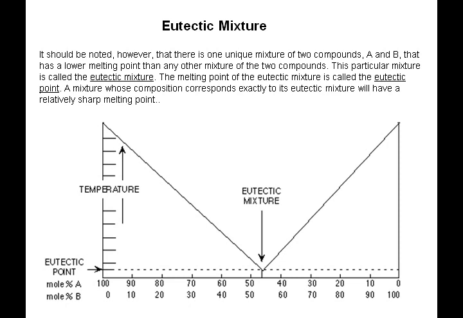It's actually just as sharp as often as that of the pure substance. This particular fraction of A and B, that's the eutectic mixture, and the melting point there is called the eutectic point.